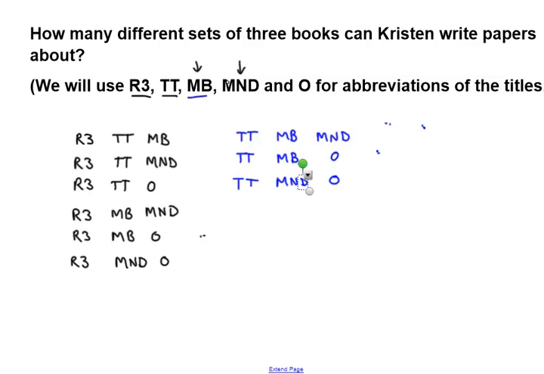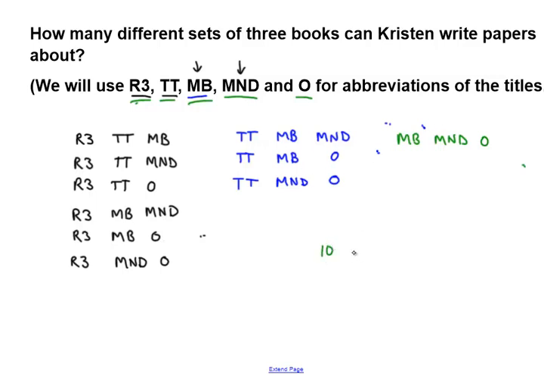Okay, so now let's start with Macbeth. I'll use a different color for that one. And let's say I start with Macbeth. I could do A Midsummer's Dream and Othello. And that's the only combination I have, because I used all the other combinations. So what I did is I just basically moved down my line to find all my combinations, and now I count them up, and I got 1, 2, 3, 4, 5, 6, 7, 8, 9, 10.